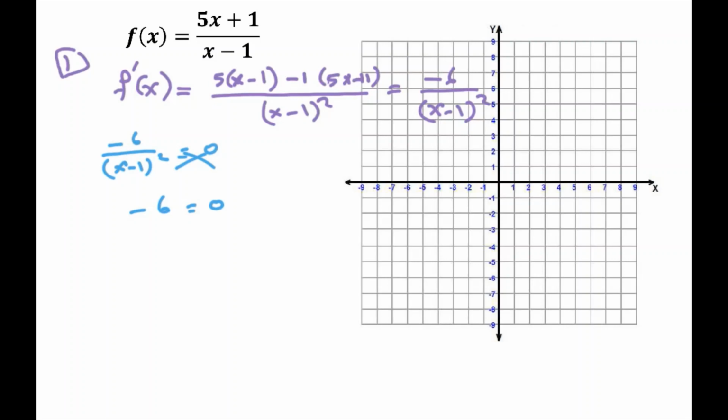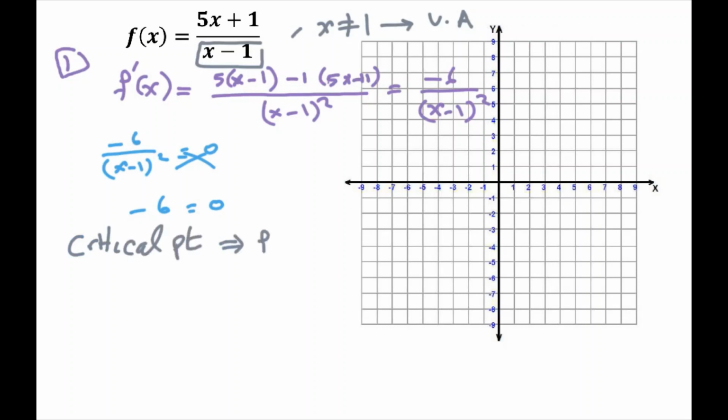Now the derivative does not exist at x = 1. x cannot be equal to 1 because here you will have a vertical asymptote. The function is undefined at that point, so the derivative does not exist. So I do have a critical point, but at that point the derivative f prime does not exist. f prime of 1 does not exist.